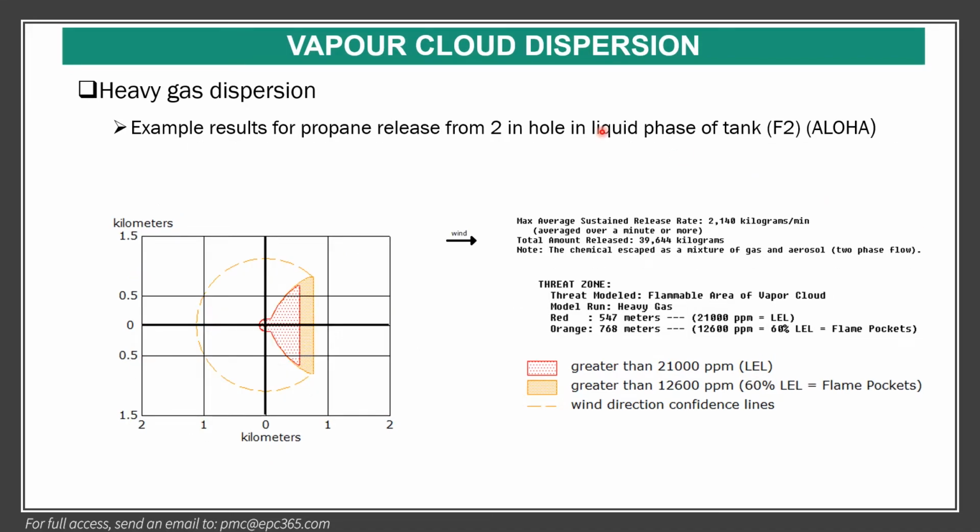And the same for propane release from a 2-inch hole, liquid gas phase, in class F and 2. If you see here, it goes much further for the 60% of the LEL. So this is the worst case.